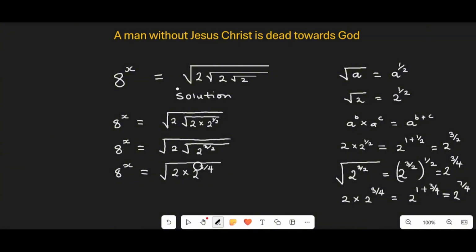So let us replace this with 2 raised to power 7 over 4.